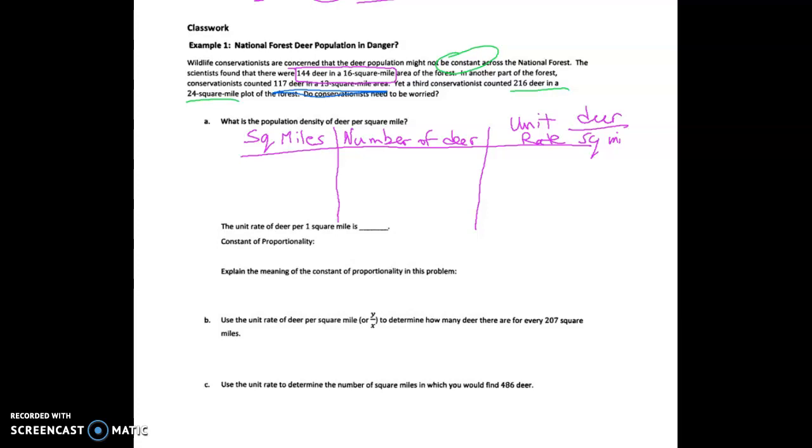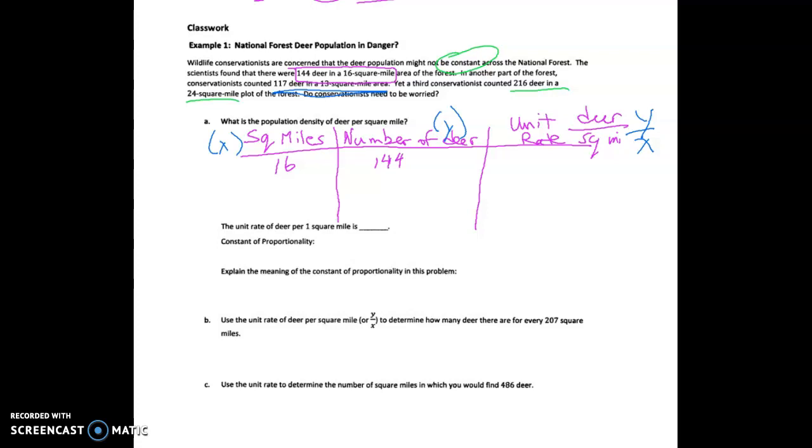Remember, we find our unit rate just like our constant of proportionality, y divided by x. So deer are going to be our y, and square miles is going to be our x. We're just going to take our information from the paragraph up top. There were 144 deer in 16 square miles. So the number of square miles is 16, and we have 144 deer.